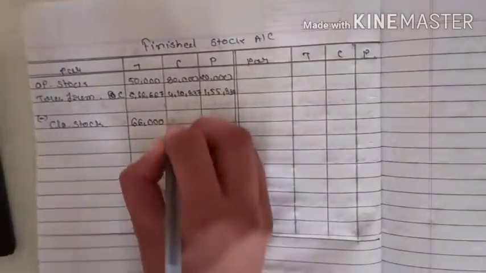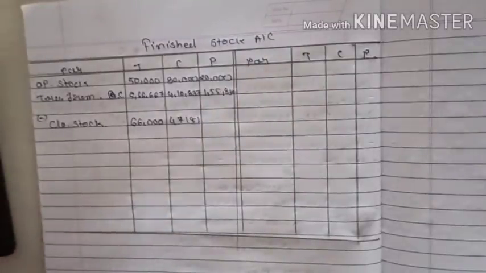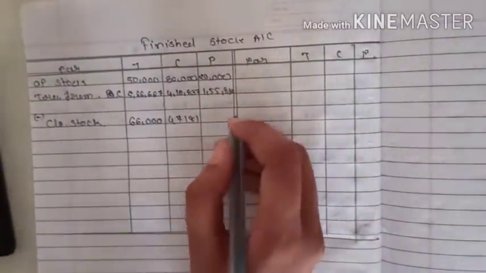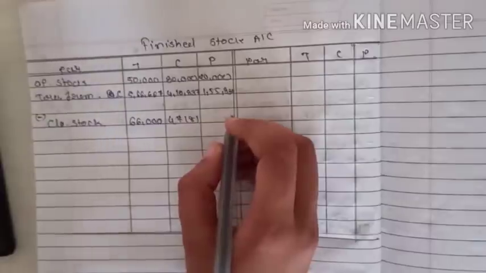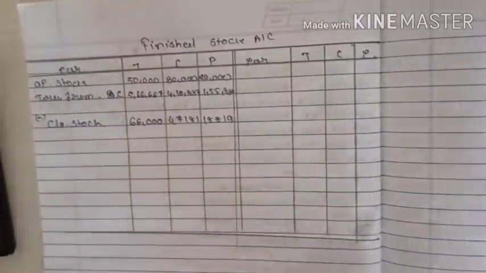We get 47,181. 66,000 minus 47,181, we get profit 18,819.